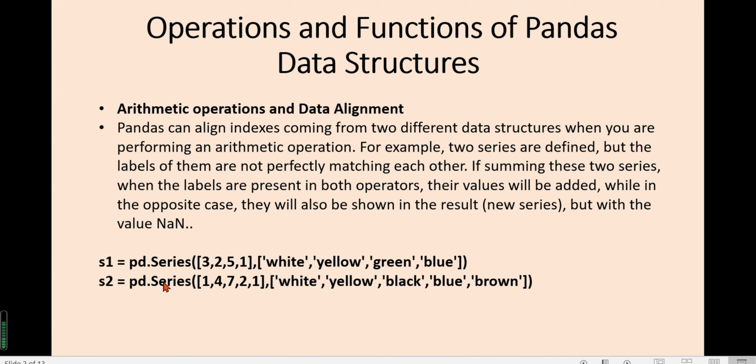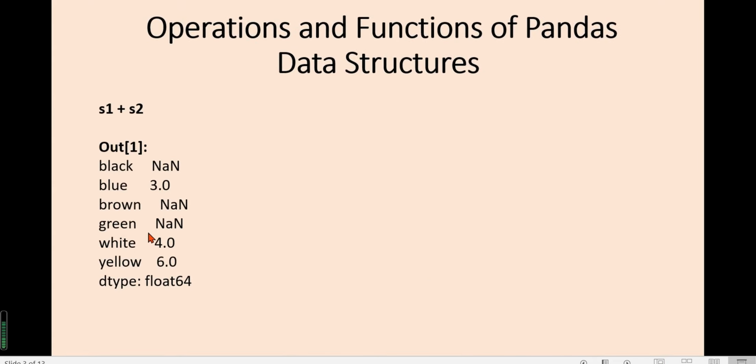If we add these together, then for the labels black, green, and brown, we have not a number in the result. You can see these three indexes, black, brown, and green, will have NaN in the output.